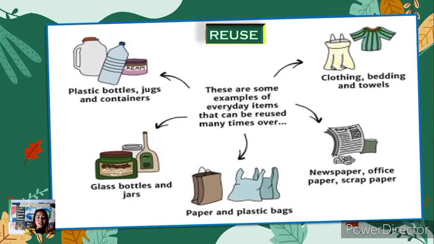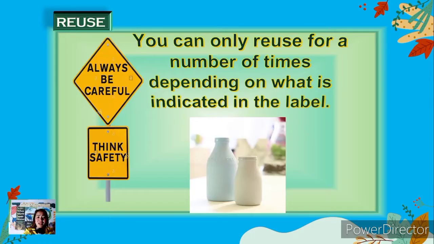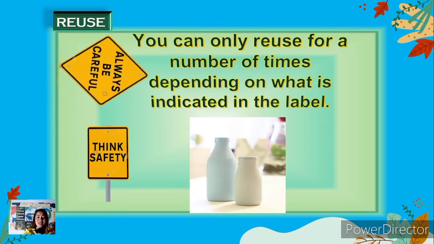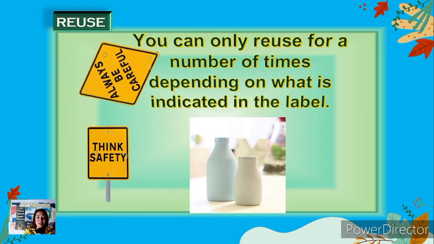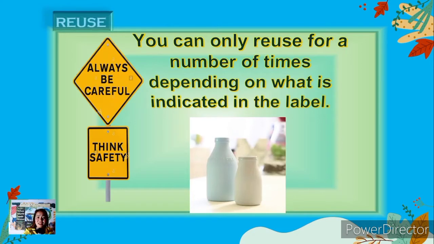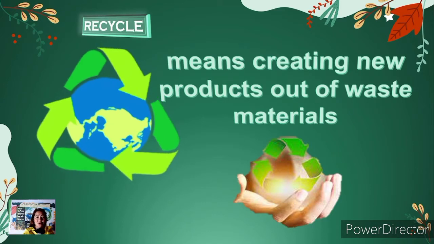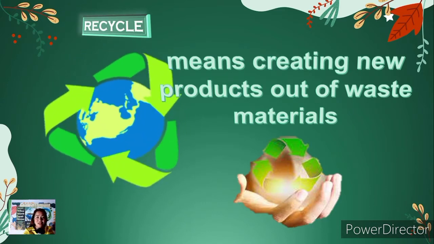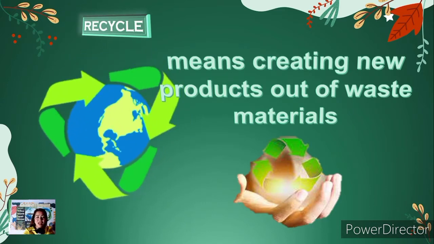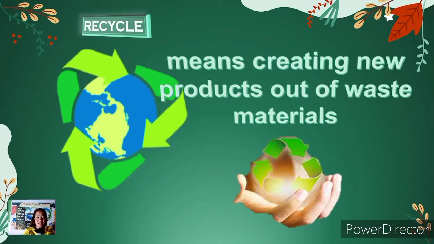You can only reuse for a number of times depending on what is indicated in the label. If it exceeds the limit of the usage, you can still reuse it through our next method, which is the third R, recycle. It means creating new products out of waste materials.